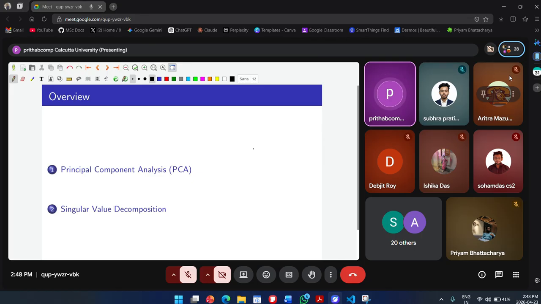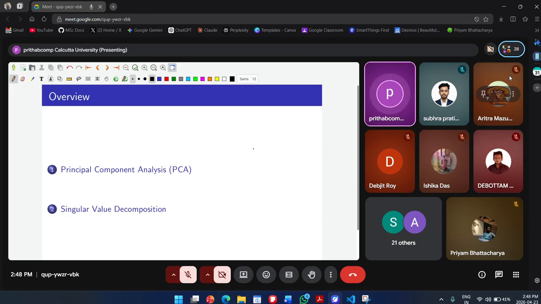So one of them is principal component analysis. So there are singular value decomposition and linear discriminant analysis. Although we have all those things in our syllabus, due to the shortage of time and lots of holidays and things like that, in this semester we'll be only considering one such example of dimension reduction, which is principal component analysis.